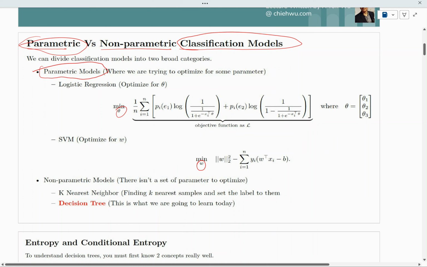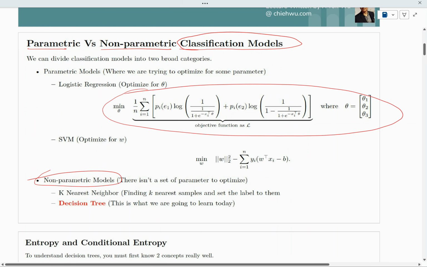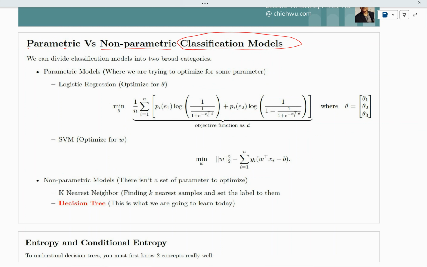However, besides parametric, sometimes we have non-parametric models, which we are not modeling as some kind of minimization or maximization problem. With non-parametric models, the easiest one that we have done so far is k-nearest neighbors. Remember the algorithm for k-nearest neighbors: we essentially just pick the k nearest neighbors.